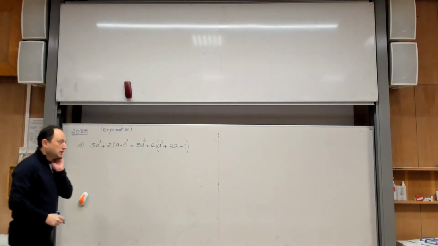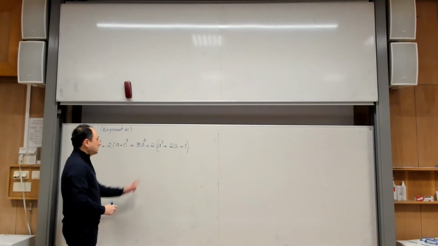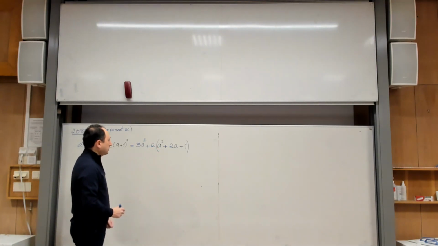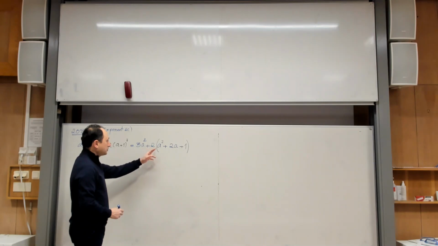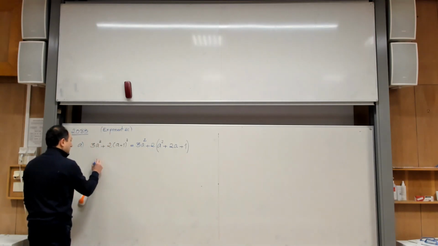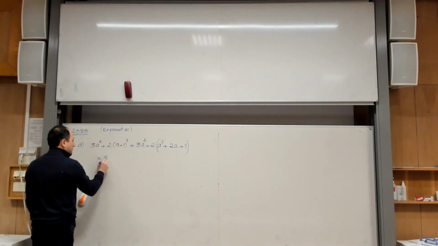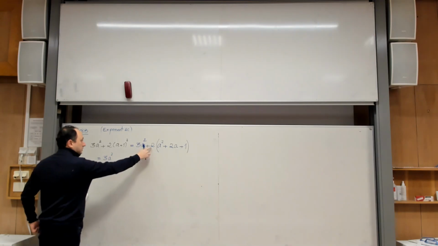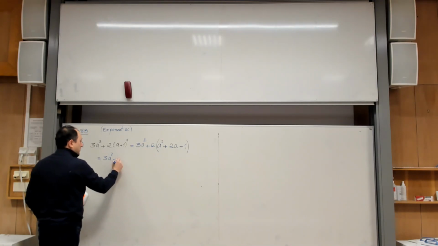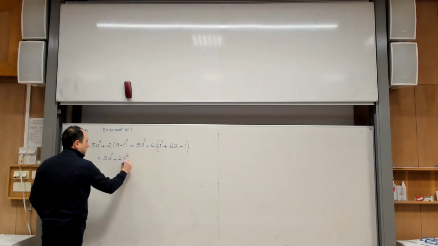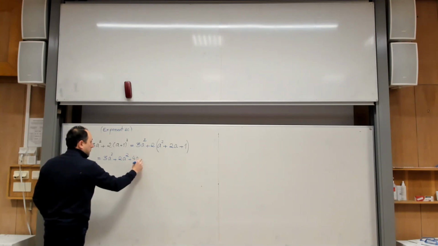Okay? And then I have a multiplication going on, so that is the priority. So I would just write it like this. I will copy and paste the first term, which I cannot do anything with. Then I multiply 2 in. It becomes 2a squared plus 4a plus 2. Yes?